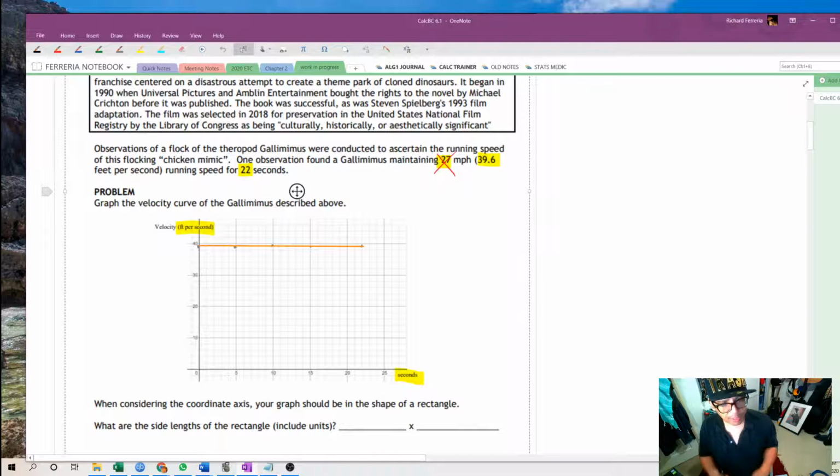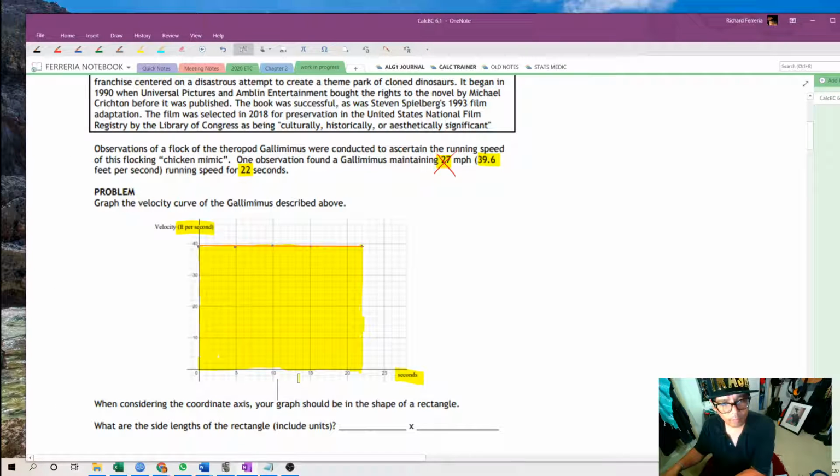When considering the coordinate axis, your graph should be a shape of a rectangle. So, do you see the rectangle? Let me highlight the rectangle if you don't see the rectangle. If you didn't see that rectangle before, I'm pretty sure you see the rectangle now. So, what are the side lengths of the rectangle?